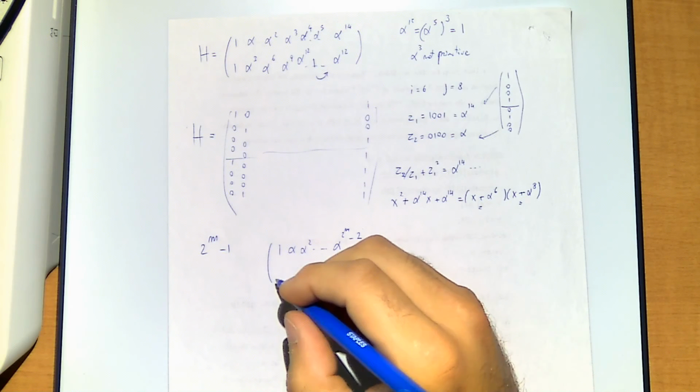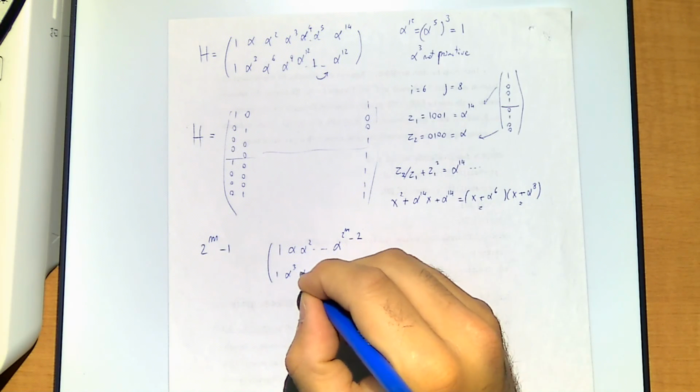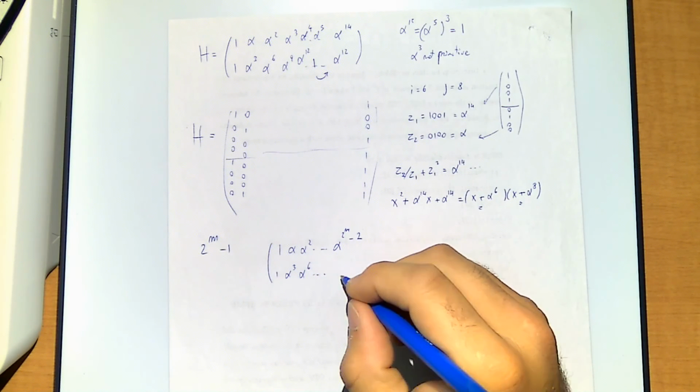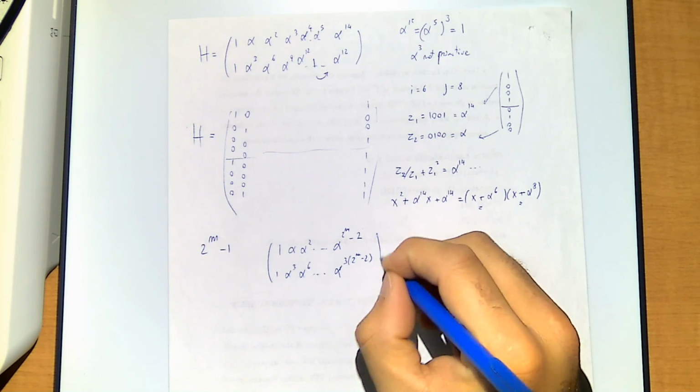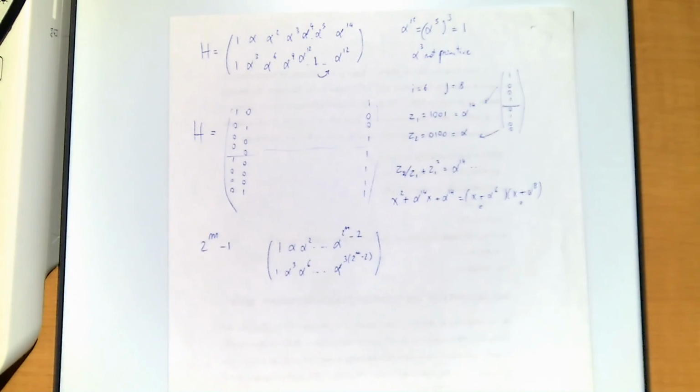And then here we get the cube: 1, alpha cubed, alpha 6, all the way up to alpha 3 times 2 to the m minus 2. So we can get this for any m, and these are always double error correcting BCH codes.